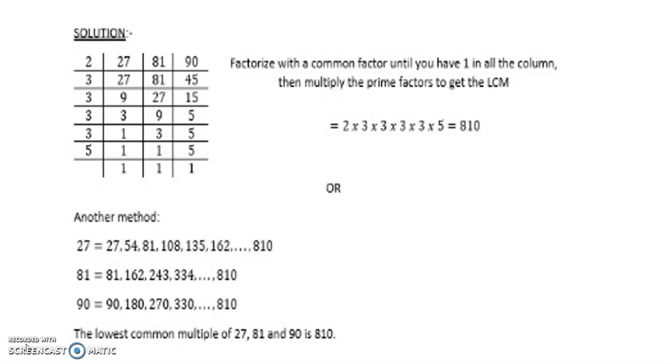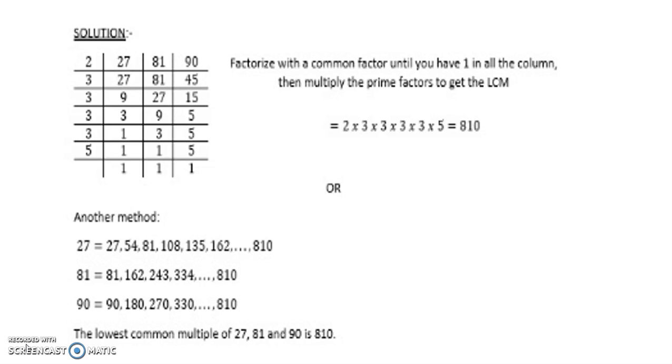So by the time we factorize down the table, we have our prime factors to be 2, 3, 3, 3, 3, and 5. Multiplying all that together, we have 810. That is the lowest common multiple of 27, 81, and 90. That method is quite easy.